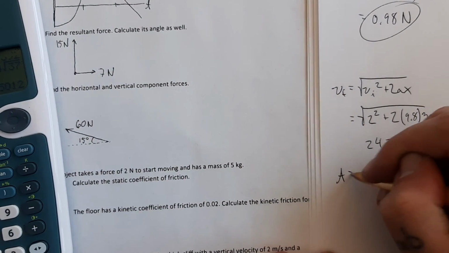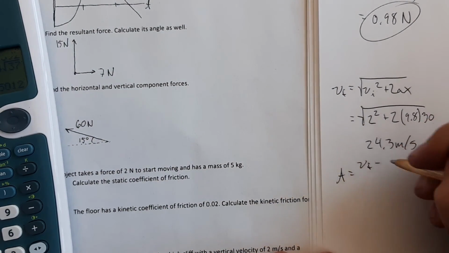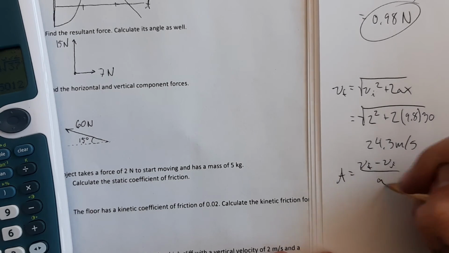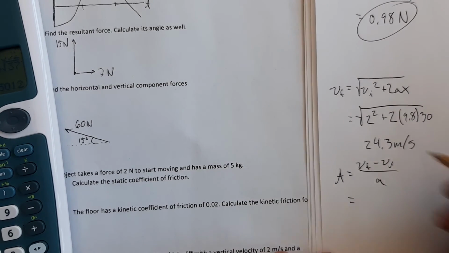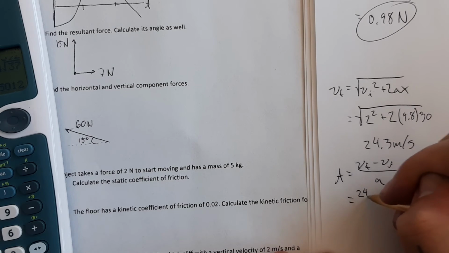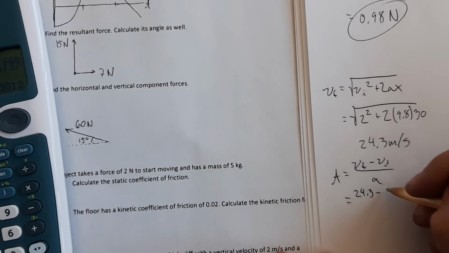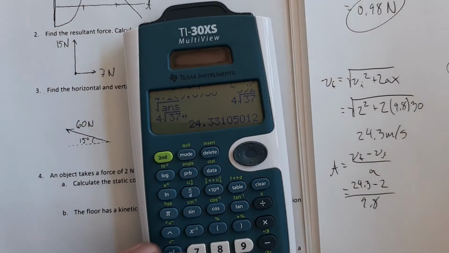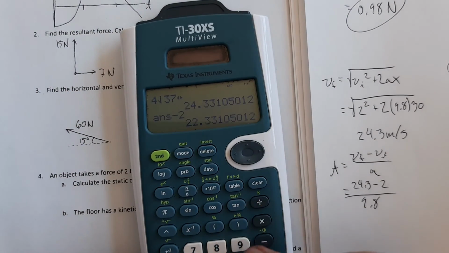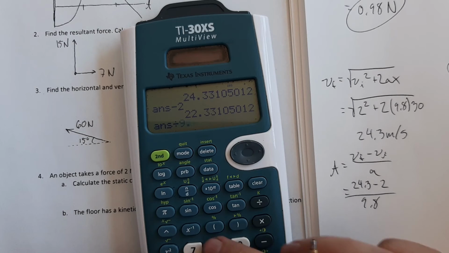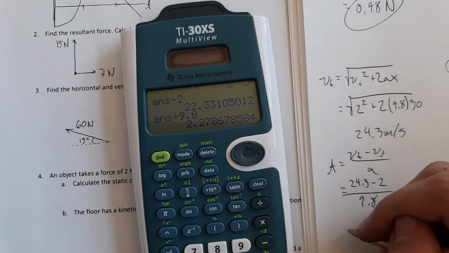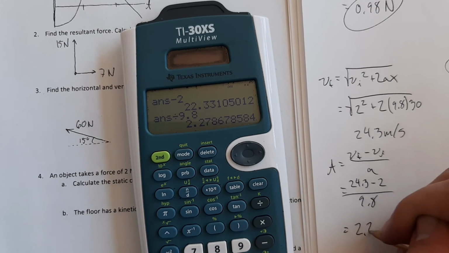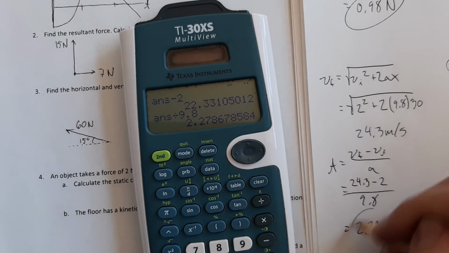We can use formula A, moving that around, which is VF minus VI over A. Plugging in our stuff, our final speed was 24.3 minus our initial speed of 2 divided by our acceleration of 9.8. There we go. And we end up with a time of 2.23 seconds.